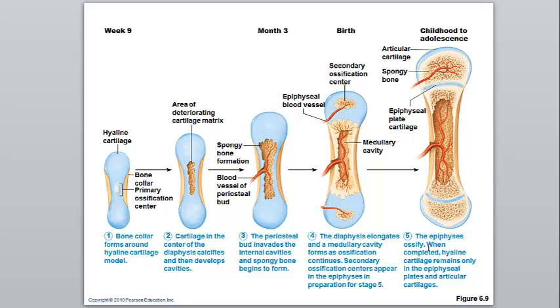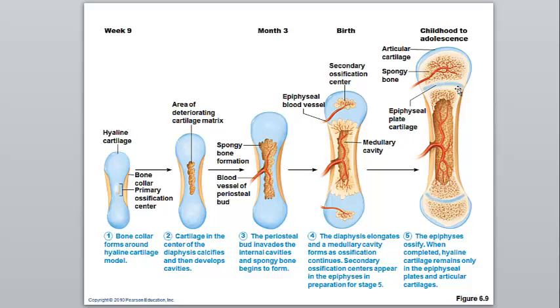Remember, we still have to grow after we are born, right? We still have to catch up to that adult stage. So you need this little bit of hyaline cartilage as a model for your long bones to grow in length, right? This area where you have the hyaline cartilage is what we call the epiphyseal plate.